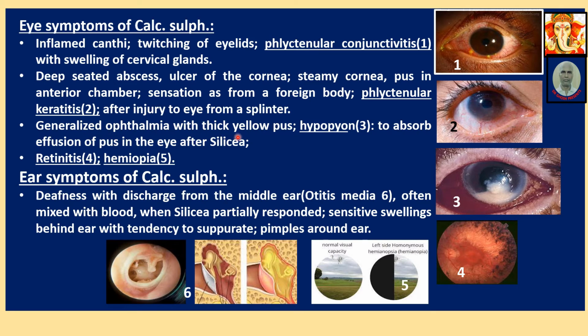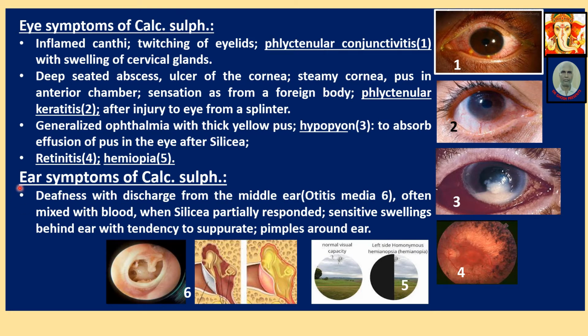Generalized ophthalmia with thick yellow pus, hypopyon. Hypopyon means accumulation of pus in the anterior chamber of the eye. That is to absorb the effusion of pus in the eye after Silicea. Generally, in case of elimination of pus, we use Silicea first. But if Silicea partly comes into effect and thereafter it's not cured, then Calcarea Sulph comes to completely absorb this fluid.